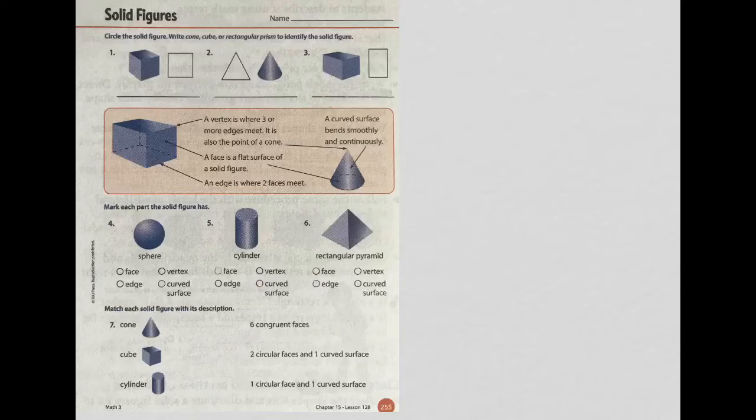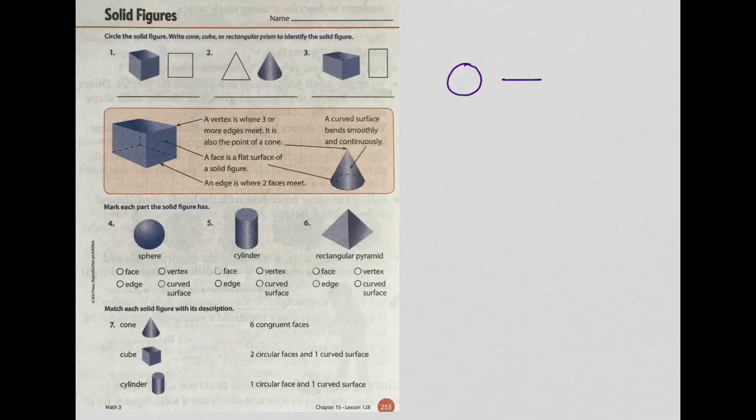We have been working with plane figures. Remember, I told you that a plane figure is as if I drew a circle. If I cut it out from a piece of paper and laid it on the table, it would be flat. It would look like that. Okay, if I looked at it from the side.